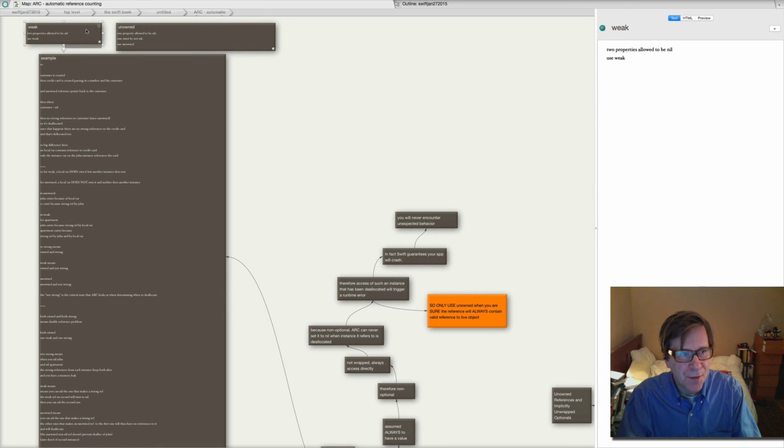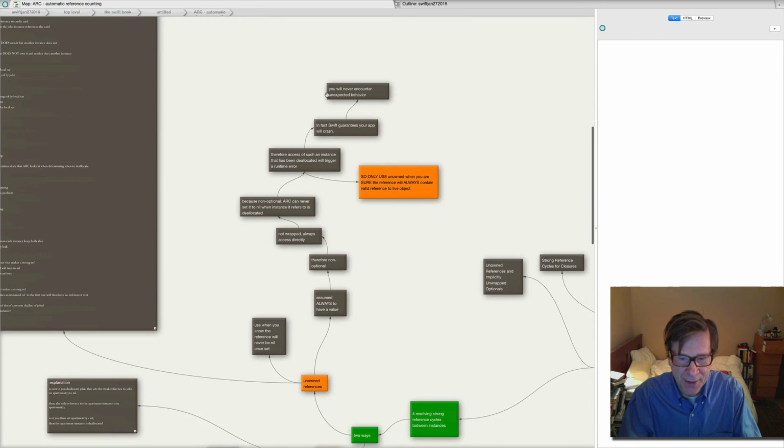For a weak reference, you've got two properties allowed to be nil, and so you use weak. If you have one property that's allowed to be nil and one that must not be nil, you're going to use unowned. And I'm going to get into explaining that here.